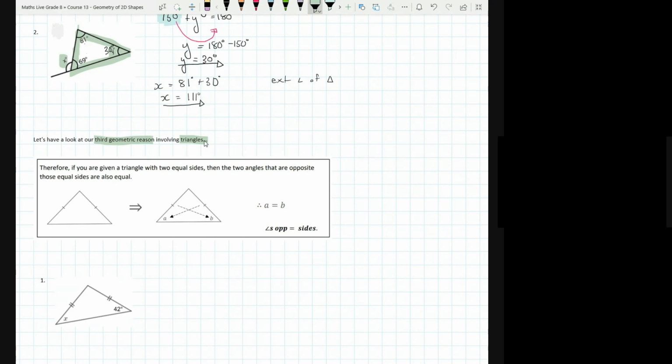When we're trying to find unknown angles in these geometry diagrams, these geometry rules are tools to help you find your unknown angles. So when you see a problem, you can look through your toolbox, see which tool is going to help you, and your tools are your rules. You're going to see which rule is going to help you in this specific diagram.